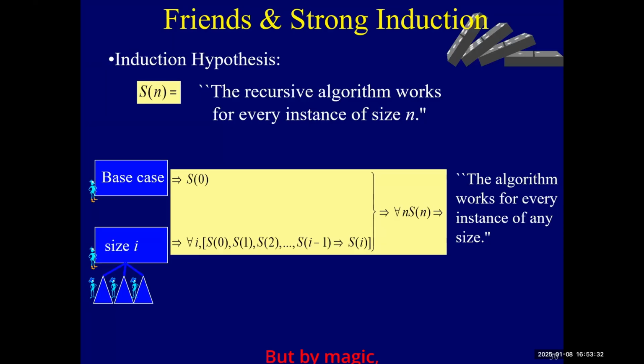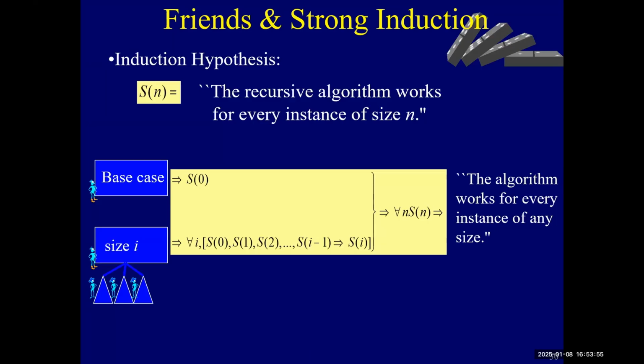But by magic, by our assumption, it works for those smaller inputs. And then my code, we know, correctly, under the assumption that my friend gives me the right answer, combines them to get the right answer for my input, right?